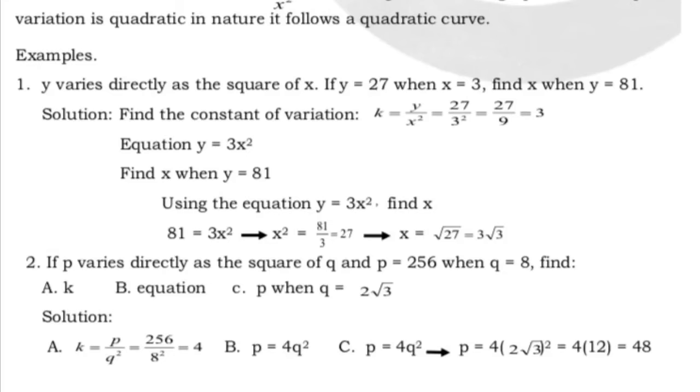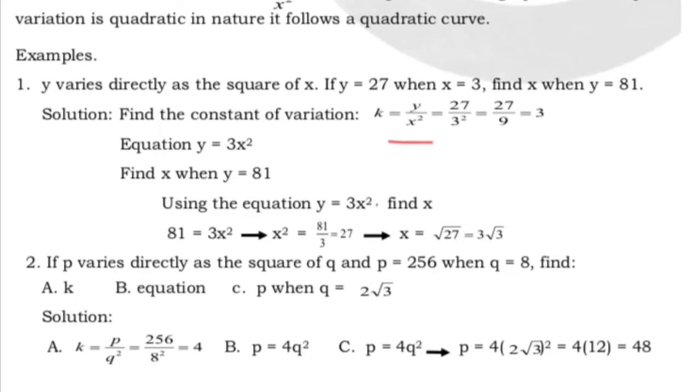So first we're going to find the constant of variation, k. In the given example, we use k equals y over x squared. This is the formula in finding the value of k using direct square variation. So we just substitute the given. y here is 27, and for x, we substitute 3.